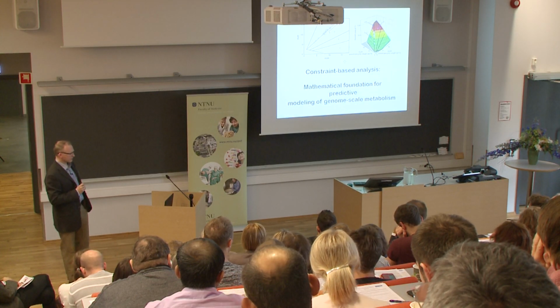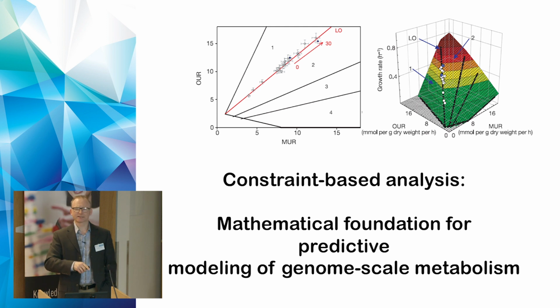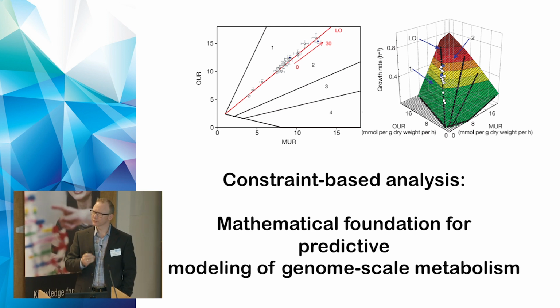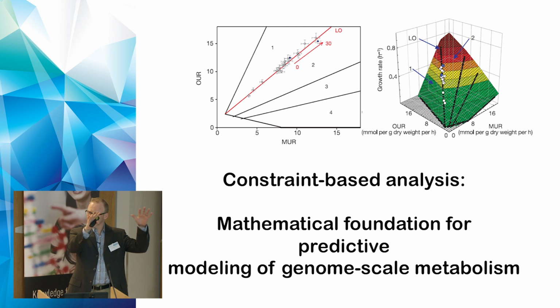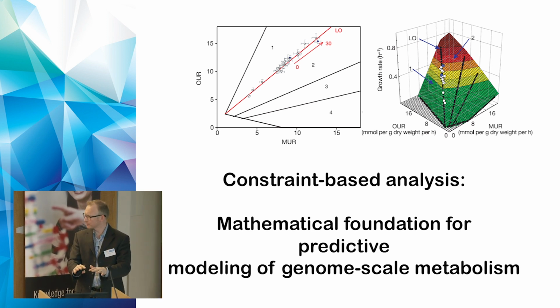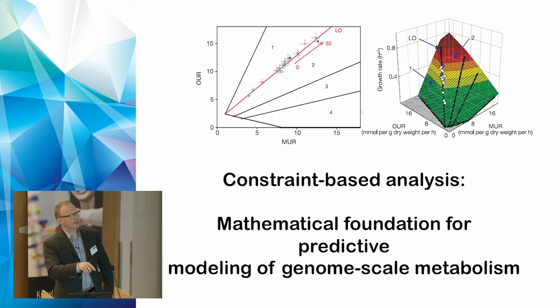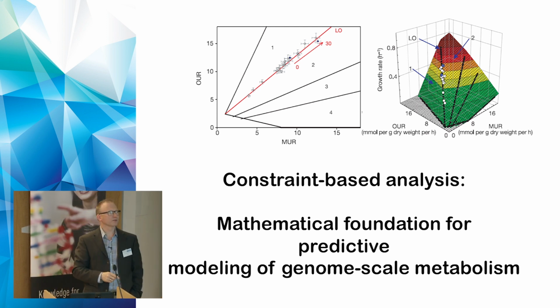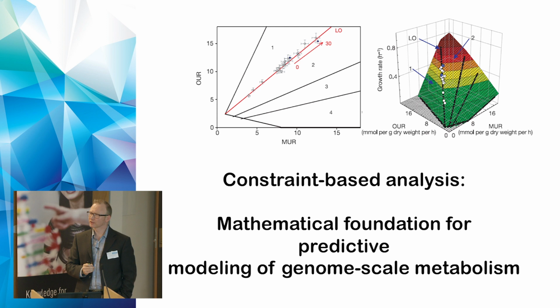Now let's switch gears a bit to constraint-based analysis. The reason for this is that there are many tools now that you can use in order to study biochemical networks. We started up there with human interaction networks, down to biochemical networks. And there's a very solid mathematical foundation for the predictive modeling of biochemical networks.